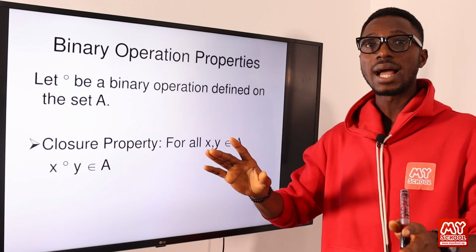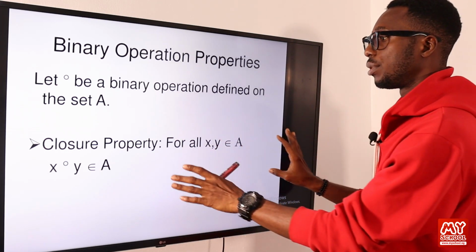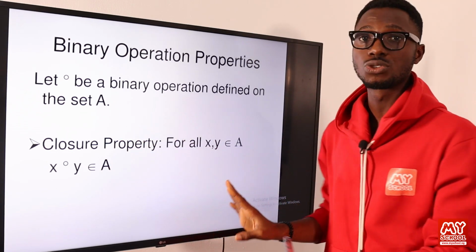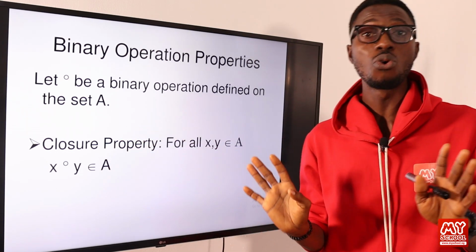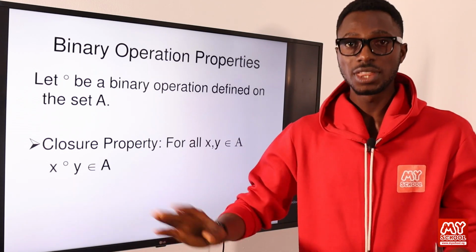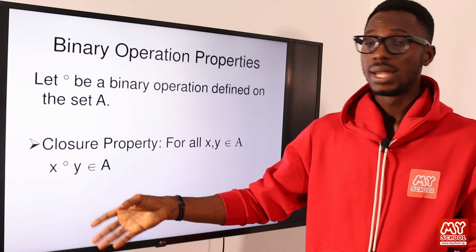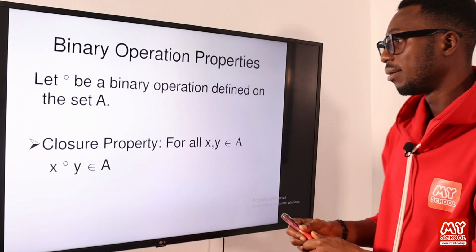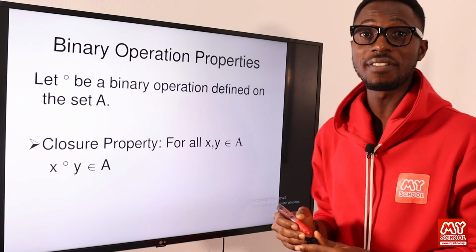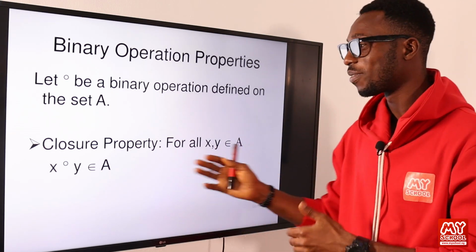Let's say set A is whole numbers, and we have taken x to be 3 and y to be 4. I think we have examples on our next slide that we can work with. So let's move on to the next slide.